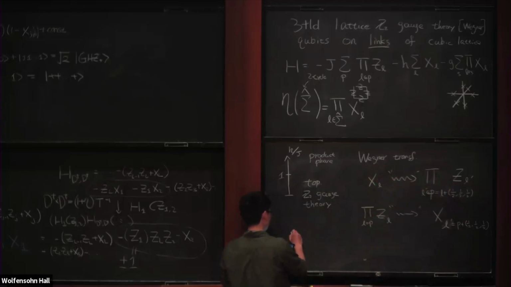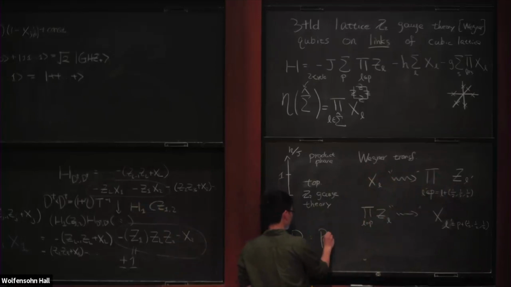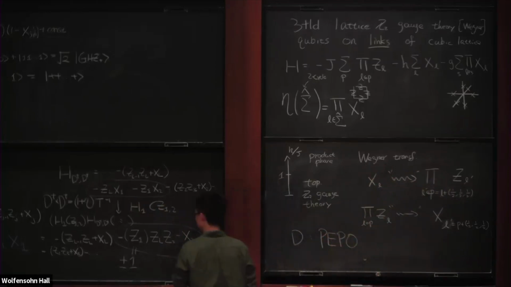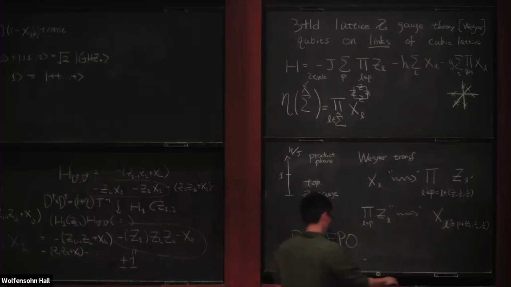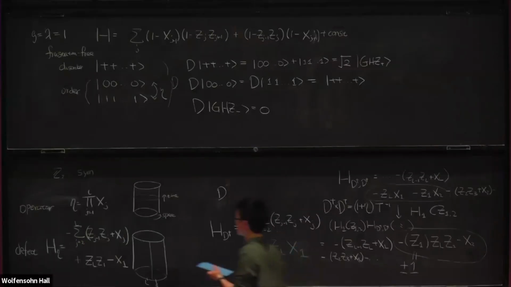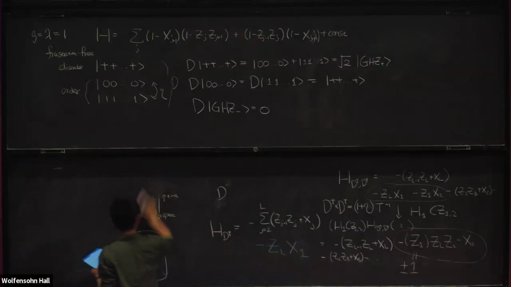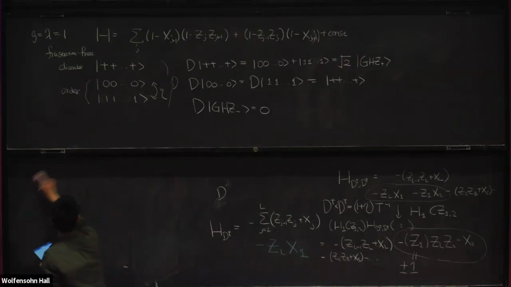I won't have time to write down this operator, but the simplest way to present it is to generalize the MPO presentation there. So in this case, it's a PEPO. But in the remaining 2 minutes, let me just comment on 2 features of this PEPO.